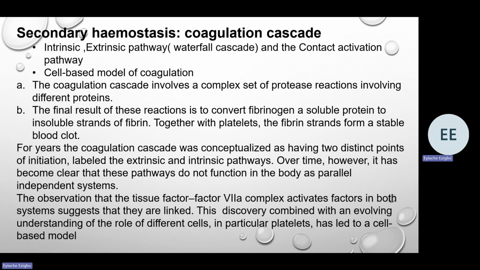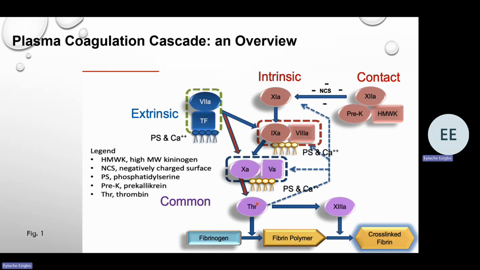This discovery, combined with an evolving understanding of the role of different cells, in particular platelets, has led to a cell-based model of coagulation. So we are going to look at it one by one.